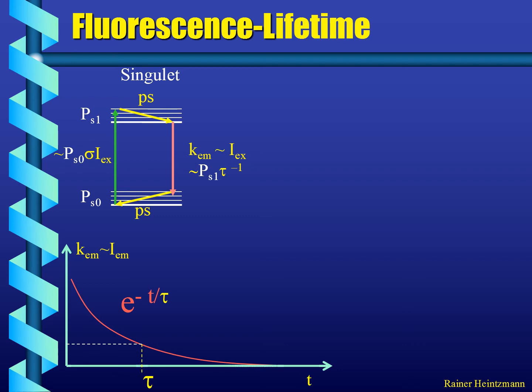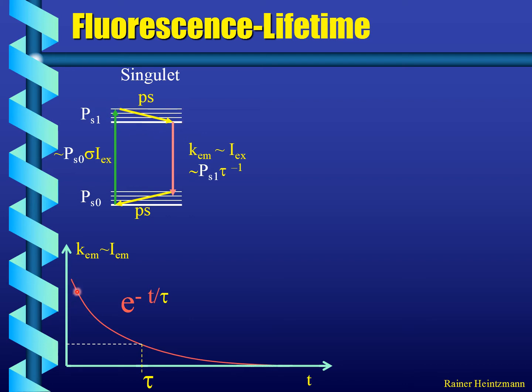So what you would measure if you now observe the fluorescence that comes out is actually a product of this rate, how many photons per second you send out, and the probability that you are in the excited state. Because this proportionality is not going to change within the time scale of the fluorescence emission, what we're really monitoring is something proportional to the population of the S1 state, the electronic excited state.